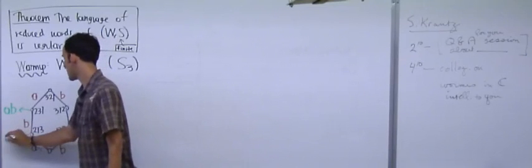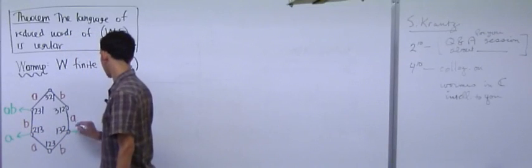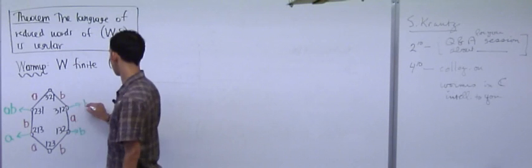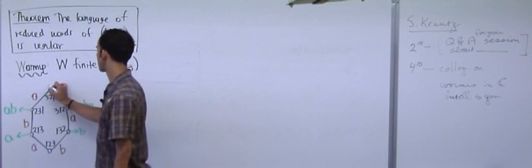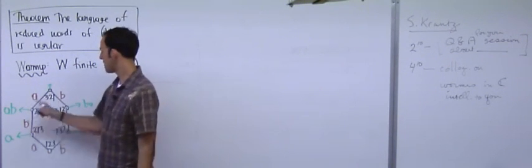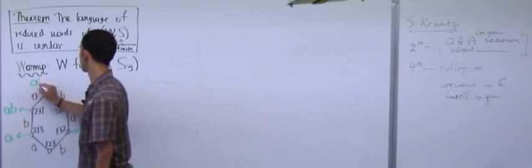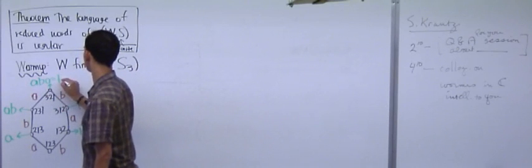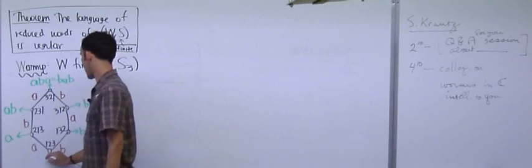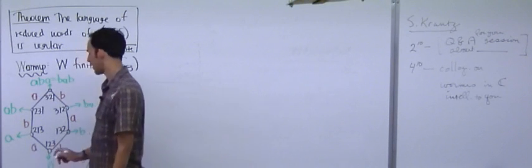This is the element A. This is the element B. This is the element BA. This guy has two different reduced expressions, ABA and BAB. And this guy has the empty expression.